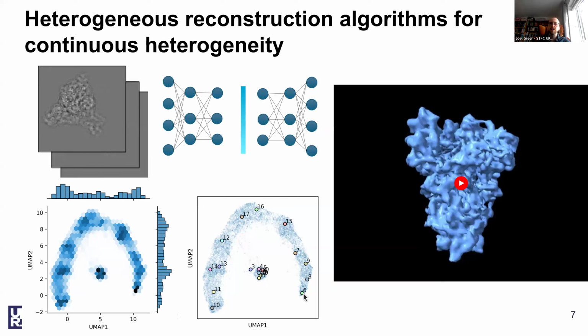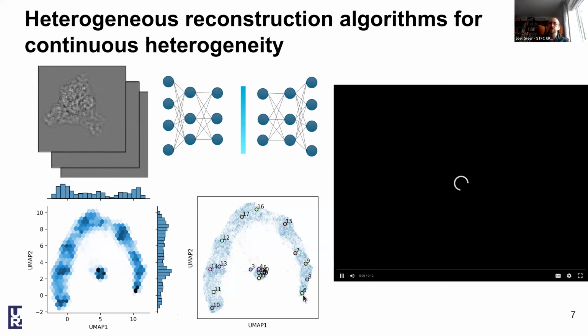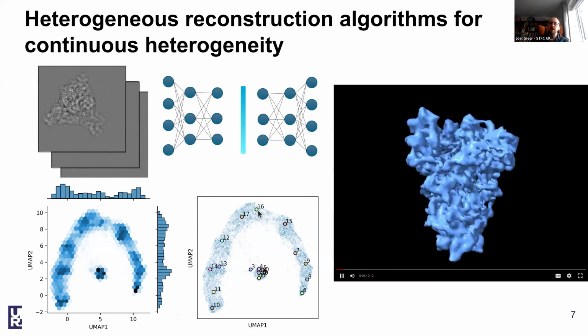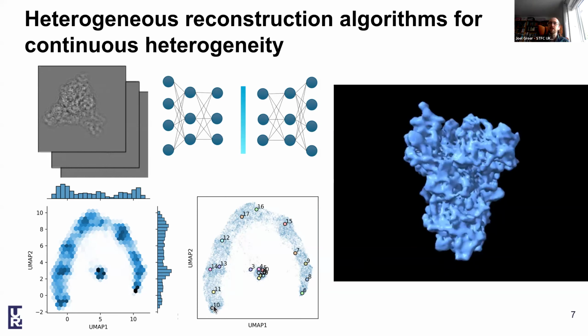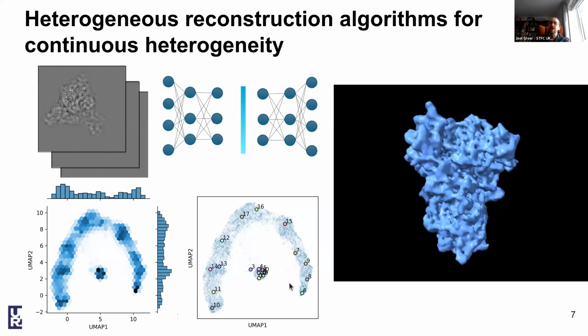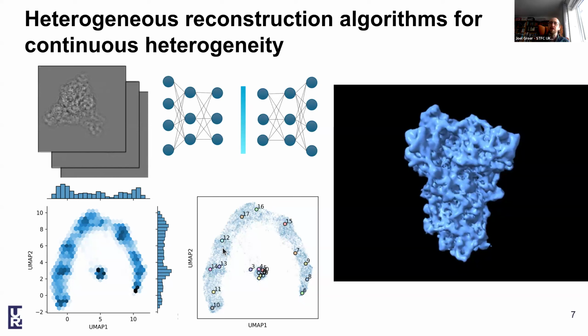In this semicircular manifold, I've then used the decoder network to decode each of these coordinates into a volume representation. So here are a few of those volume representations, starting at 6 and going through 8 around this semicircular manifold. This shows you exactly how the representation of heterogeneity is embedded in this latent space embedding.